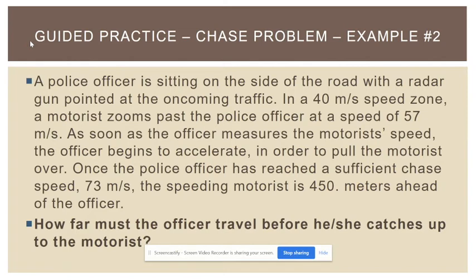Once the police officer has reached a sufficient chase speed, 73 meters per second, the speeding motorist is 450 meters ahead of the officer. And the question says, how far must the officer travel before he or she catches up to the motorist? Let's take a look at this one.